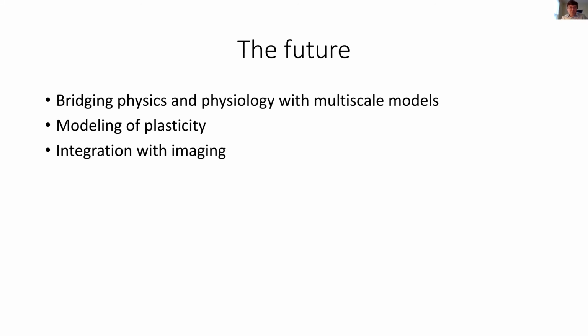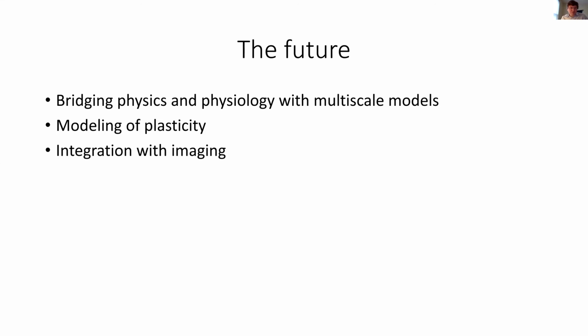I think one very hard or important topic is doing multi-scale models, bridging the physics with the physiology. Obviously, an electric field is somewhat like a zero order model of your physiological response. Obviously, it depends a lot on what neurons you're targeting, and so on. So that's something people are starting to address using multi-scale models.